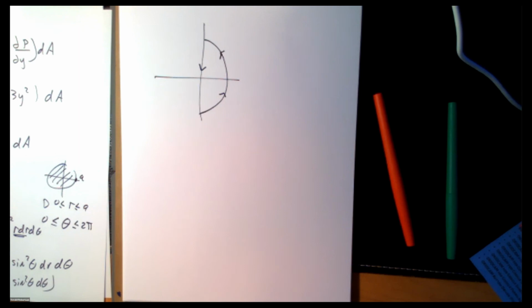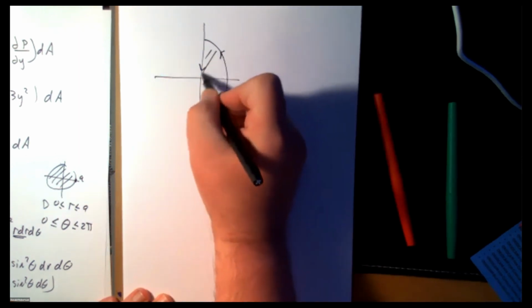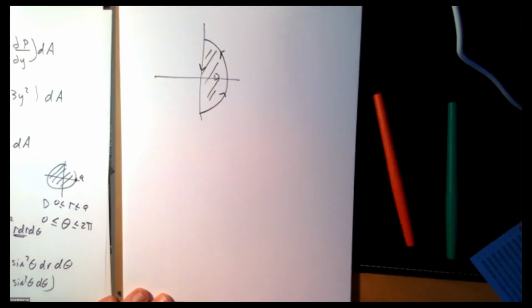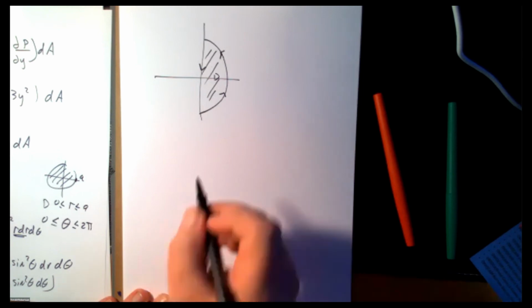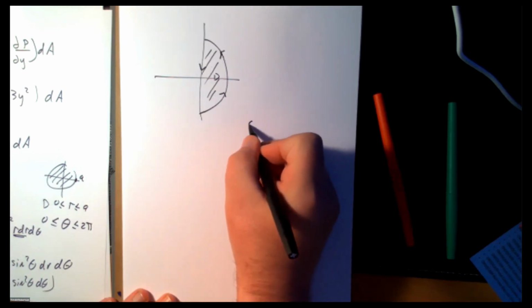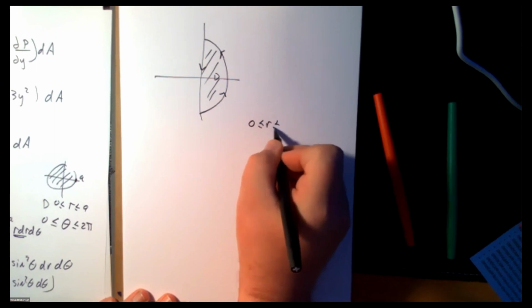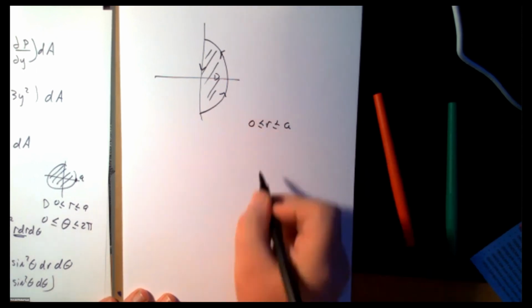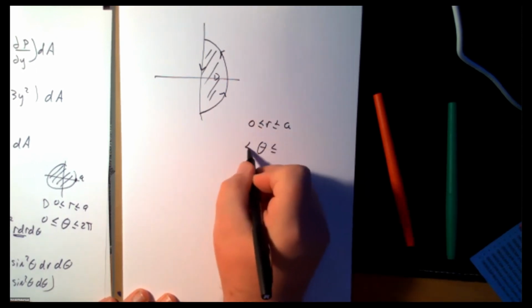Wouldn't the only change be to the limits of integration? Because if this represents the disk D, then won't it be an R value from 0 to A, but won't the theta value change?